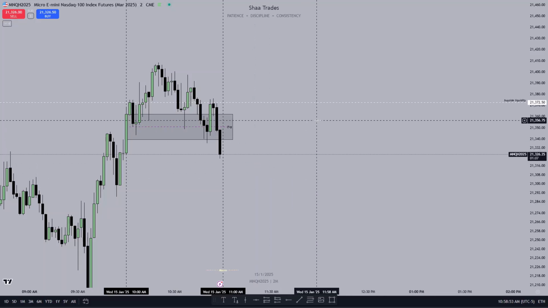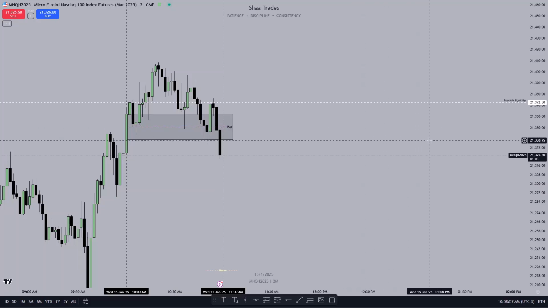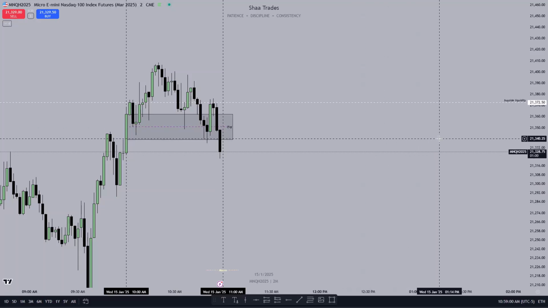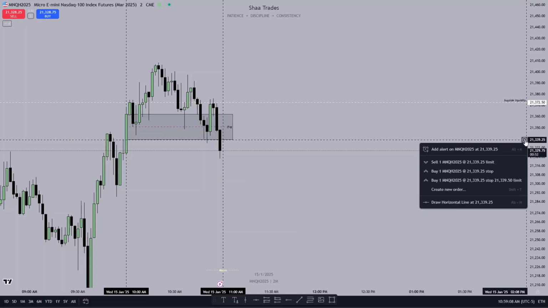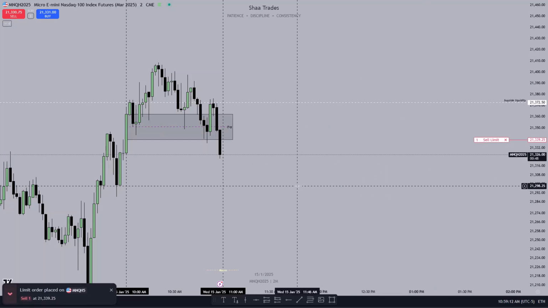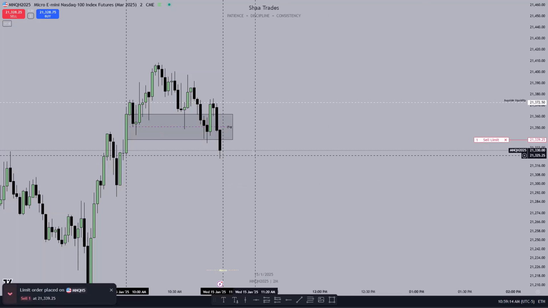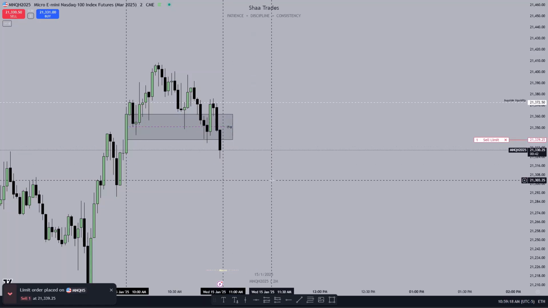So now what we're gonna do, we're actually going to engage price. I'm going to put a limit order about here. Now price doesn't normally come back to the bottom of the inversion.